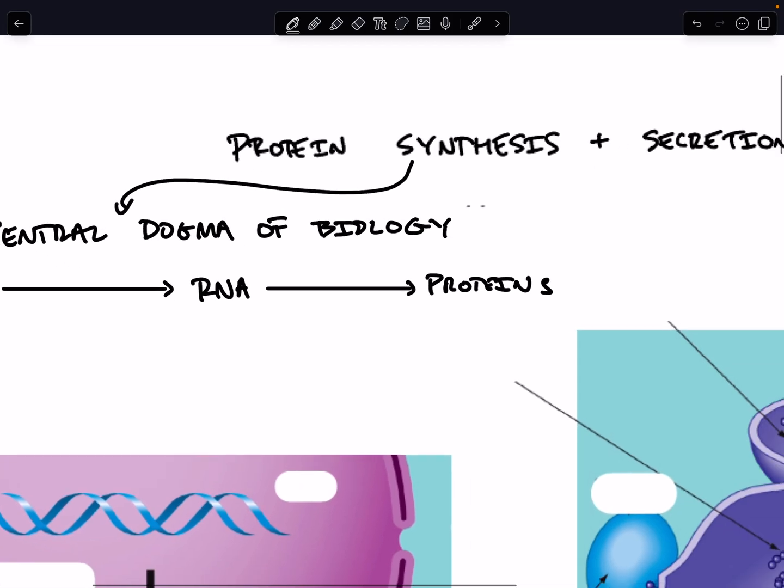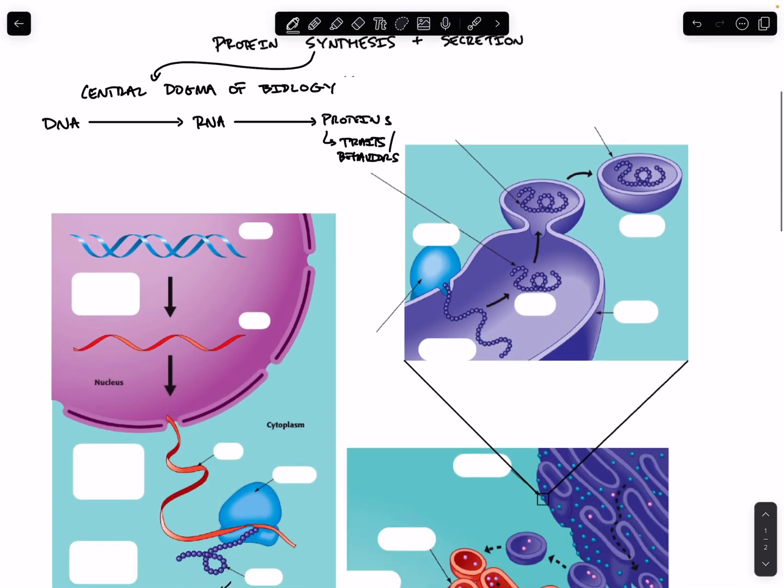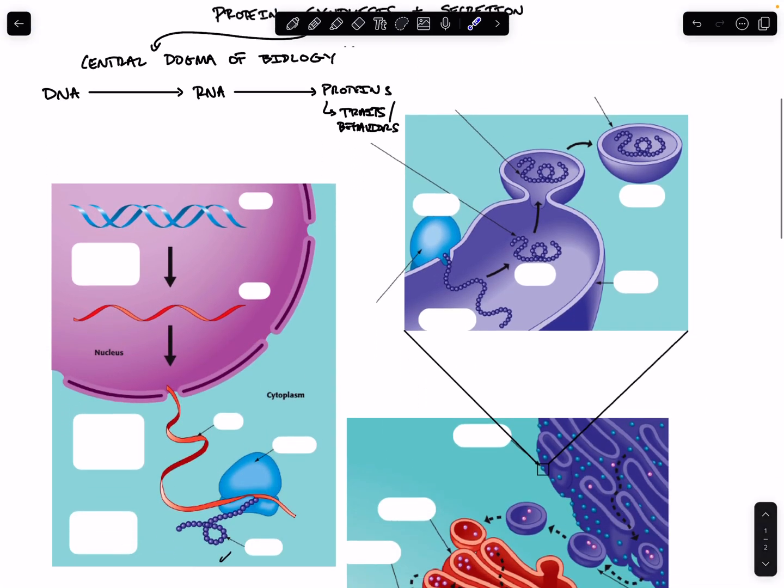And proteins give living organisms their traits and behaviors. Okay. So we're going to trace the path of the flow of information and material from the DNA all the way to the protein today.